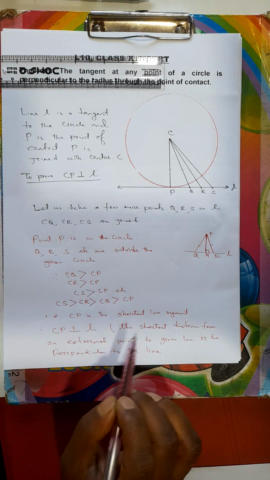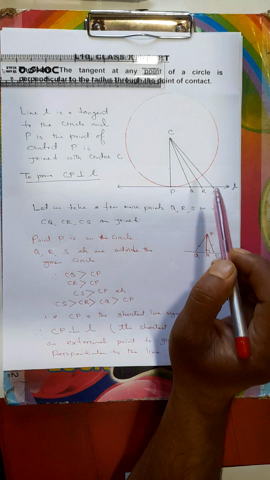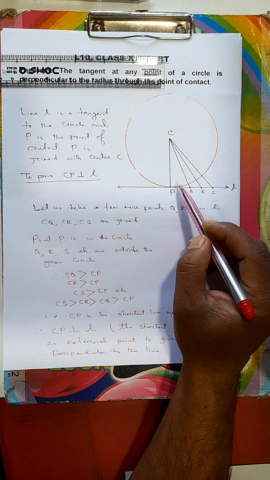So CP is perpendicular to the line L, because you find CP is the shortest distance.